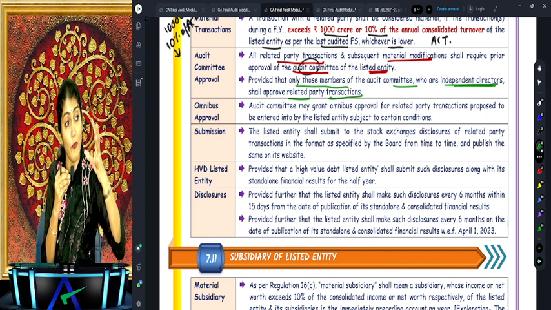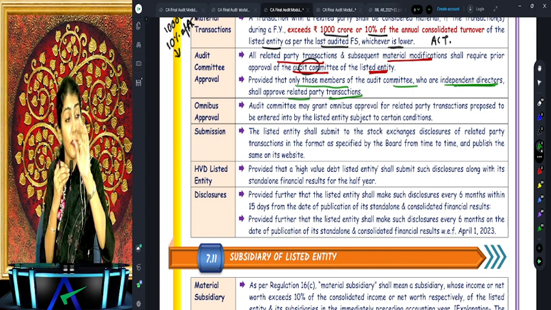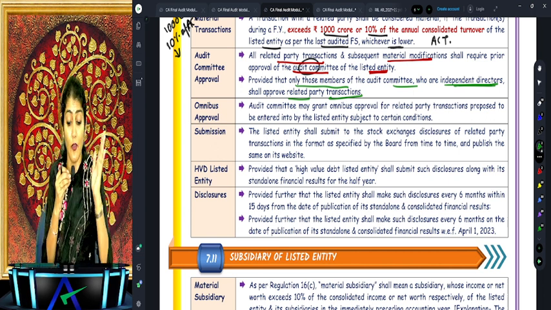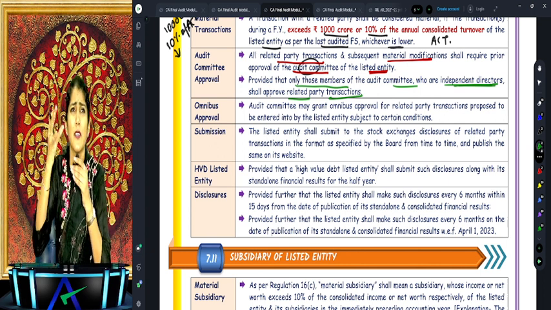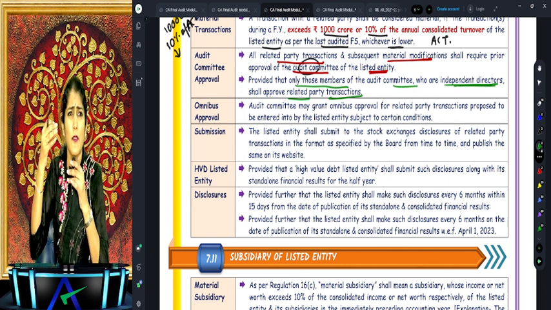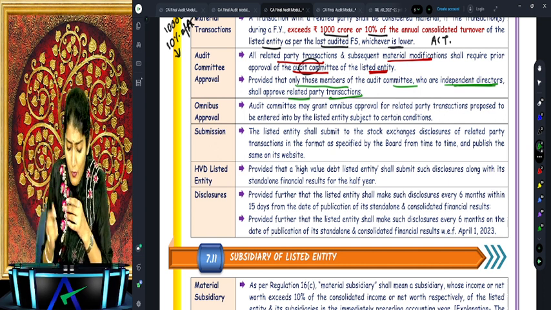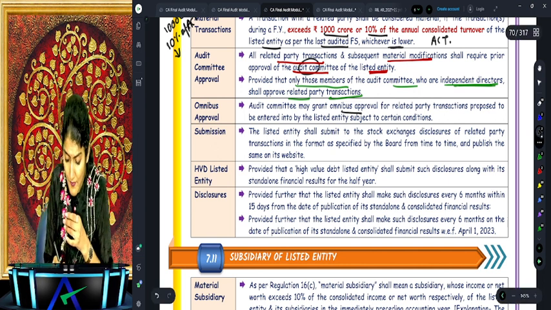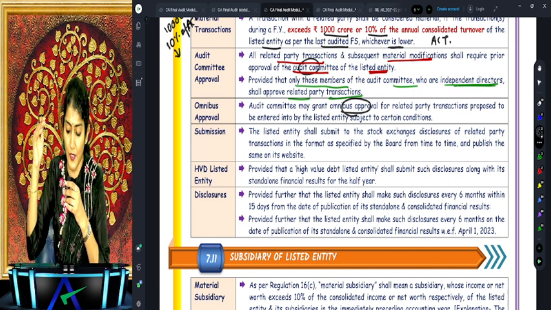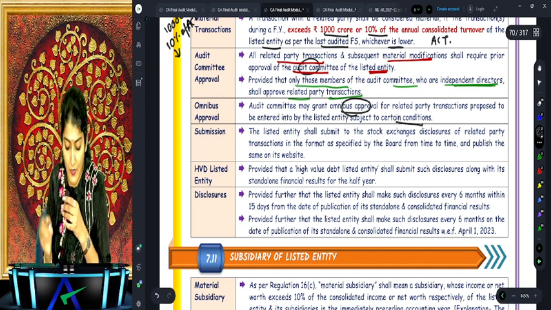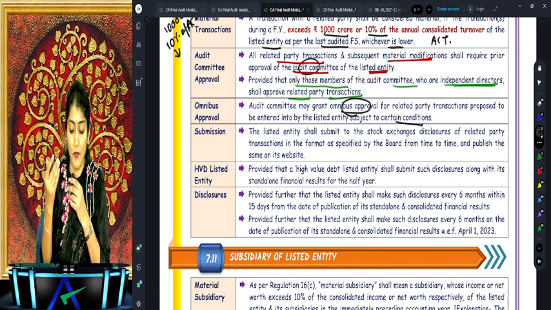Who will give the approval? Only the independent directors of the audit committee. Then for certain transactions, up to 1 crore rupees or small transactions, the audit committee may grant an omnibus approval, one time. No need to come again and again to the audit committee, obviously subject to certain conditions.